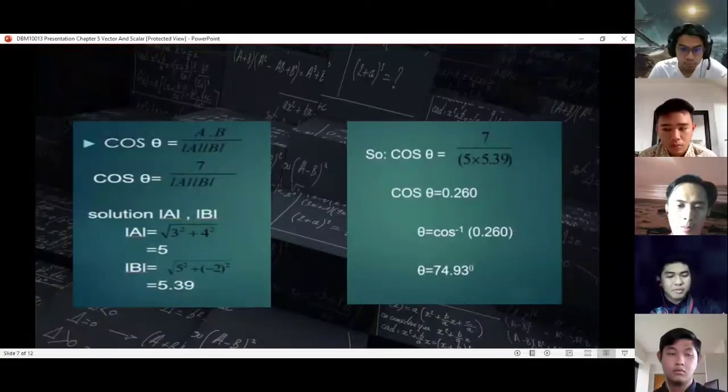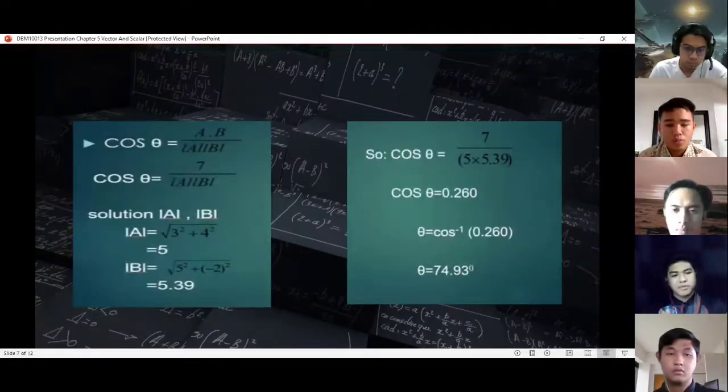And magnitude B is square root of 5 square plus negative 2 square, and the answer for magnitude B is 5.39.